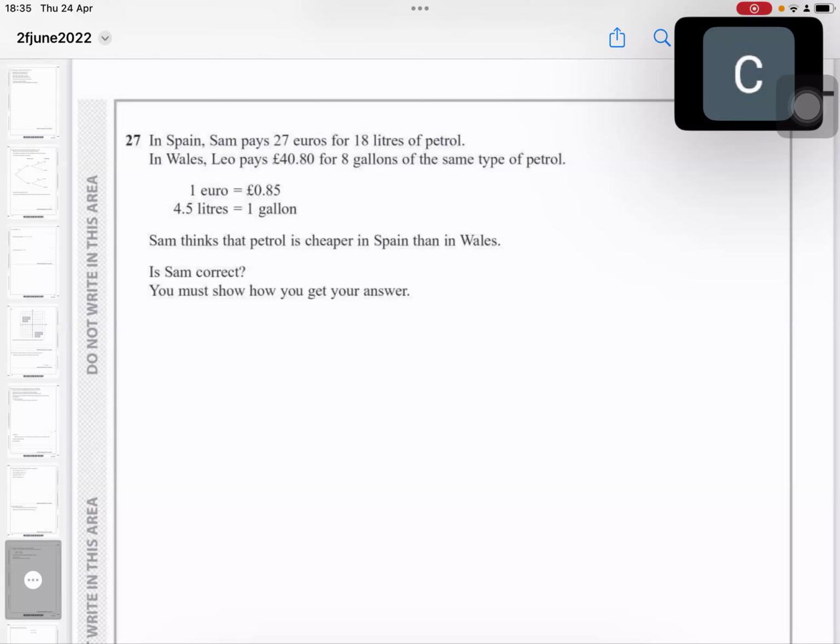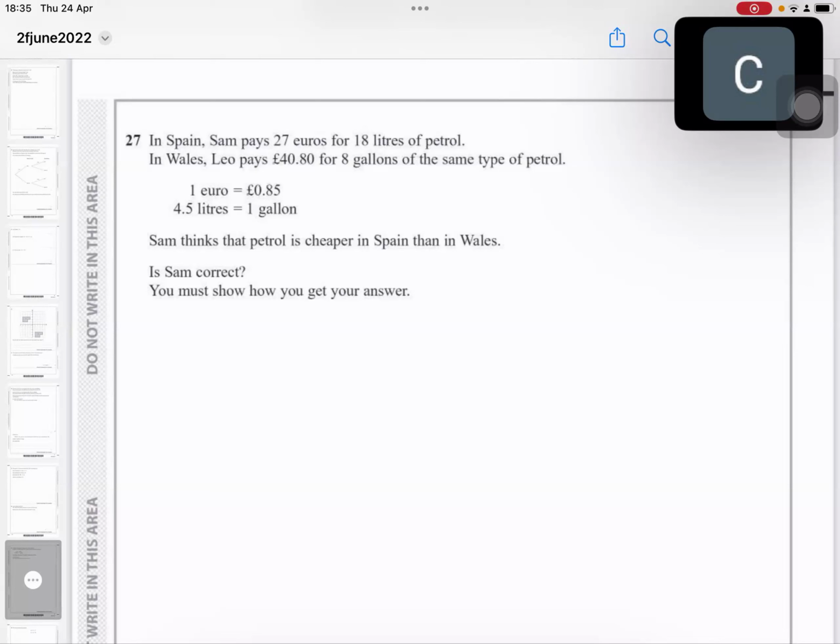The next thing we're going to do: which one is easier for us, liters to gallon or gallon to liters? I think if we follow the same thing, it will be easier to do gallon to liters. Yes. So let's change Leo's 8 gallons to liters by multiplying 8 by 4.5.